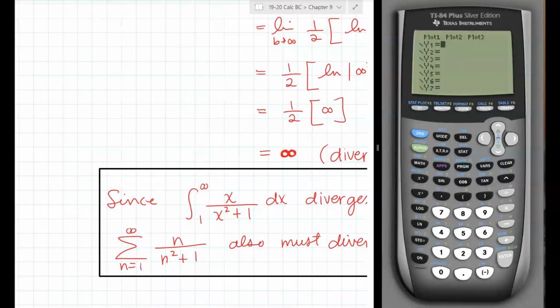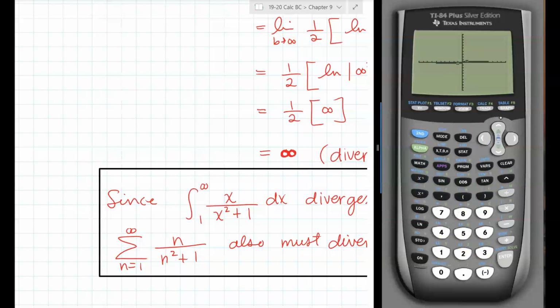Now, if you wanted to double check the function before you actually started doing any of the work, like I said, you could graph it. So notice x divided by x squared plus 1, and just graph it.